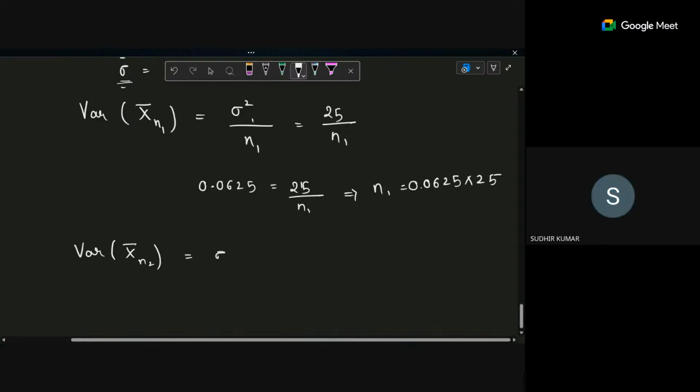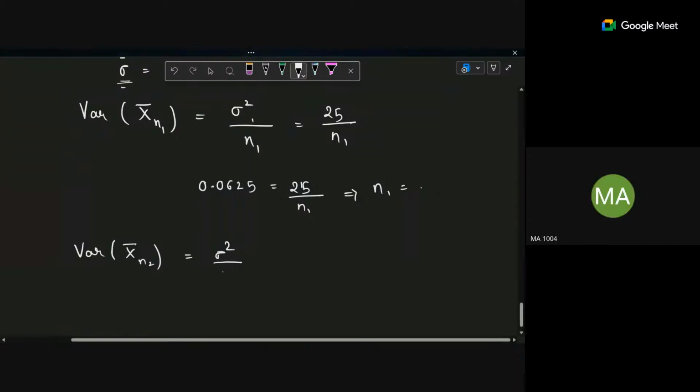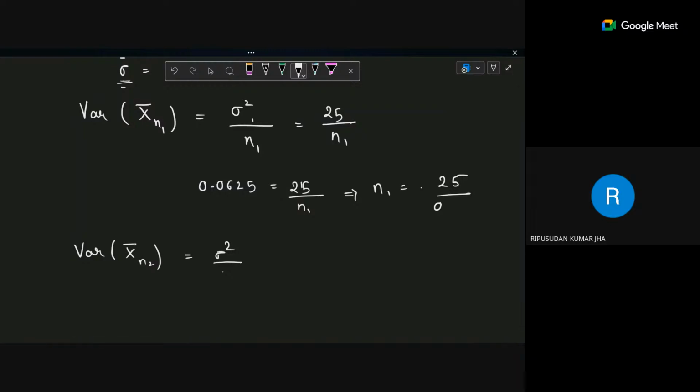Ma'am, n1 will be 25 divided by 0.0625. Yes, you are correct, you just fix it here.